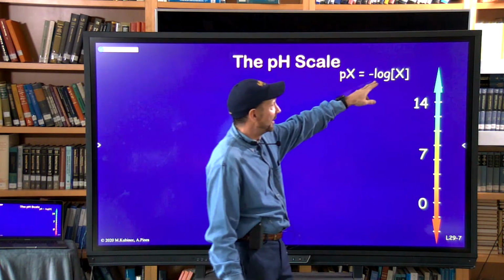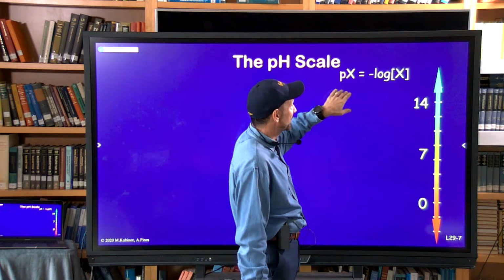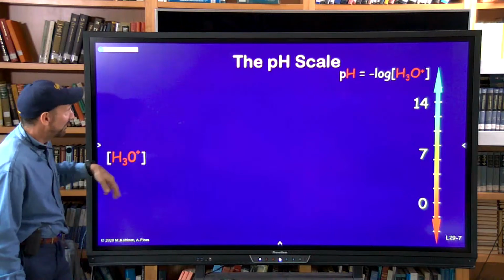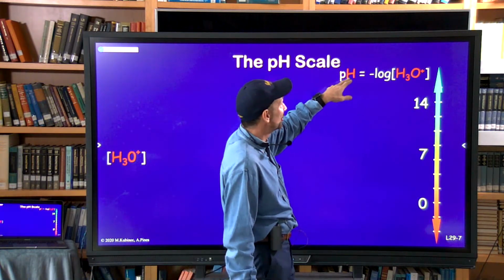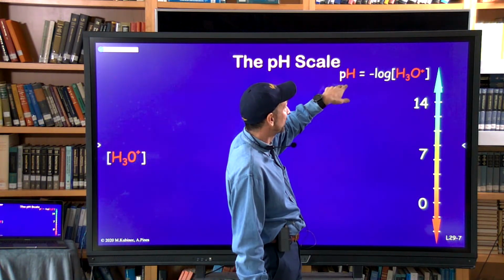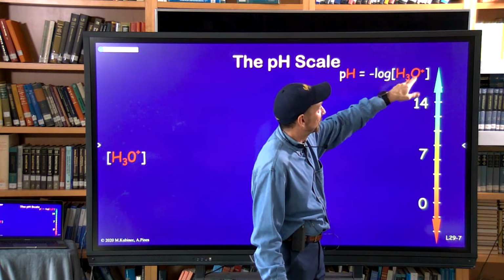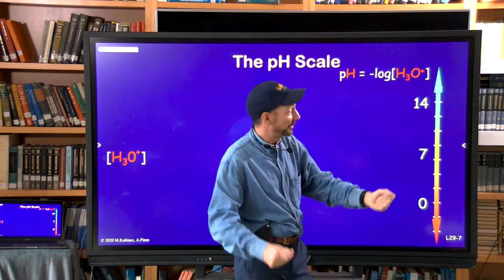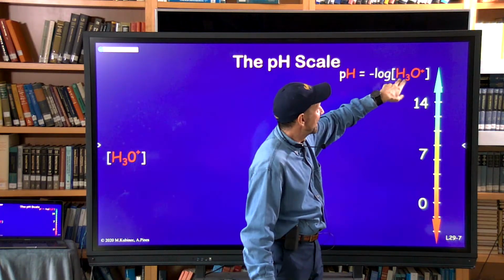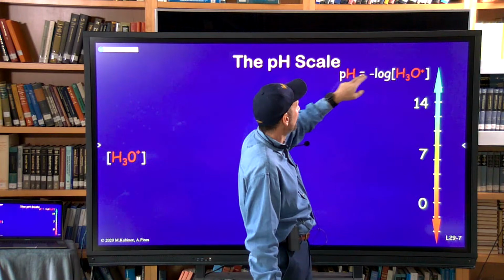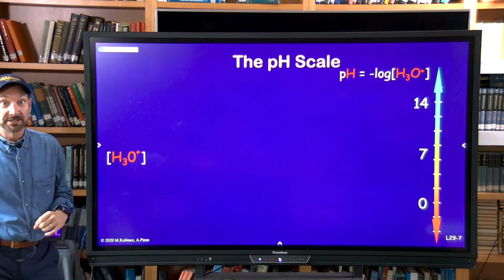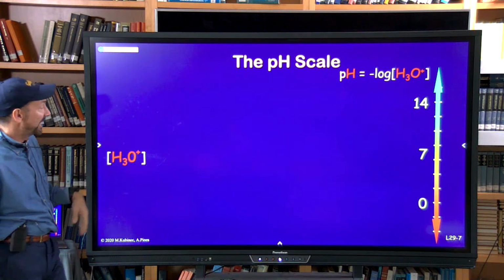But the general expression is something you should know. So if I'm talking about pH, and again, I'm just talking about H plus, the proton, H plus and H₃O plus, same thing in water. The minus log of the H₃O plus concentration is what gives us this pH scale.